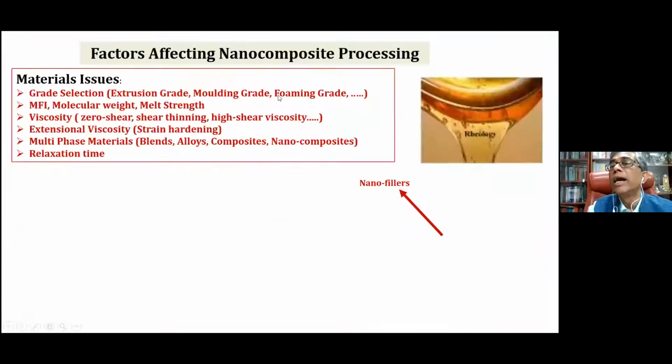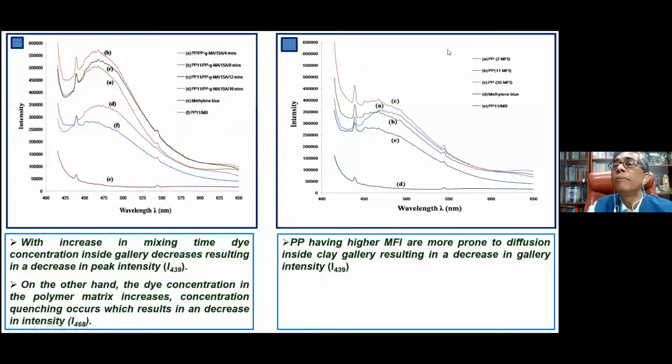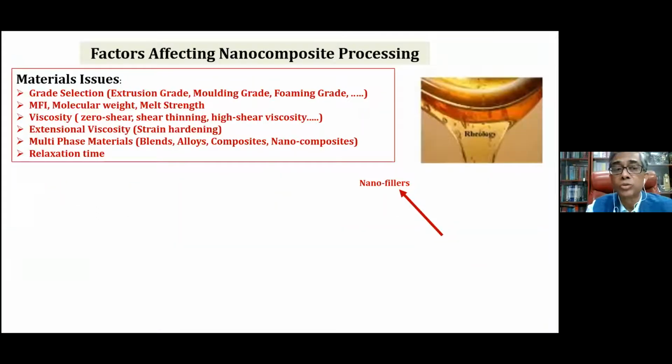The left-hand side is at different residence times, and the right-hand side has different MFI. So you are changing the grade and trying to see if the viscosity changes as the nanofiller goes in. Then we can control the exfoliation or intercalation of the dispersion that is happening. This is also possible to analyze now, with sensor-based technologies connected to the extruder.